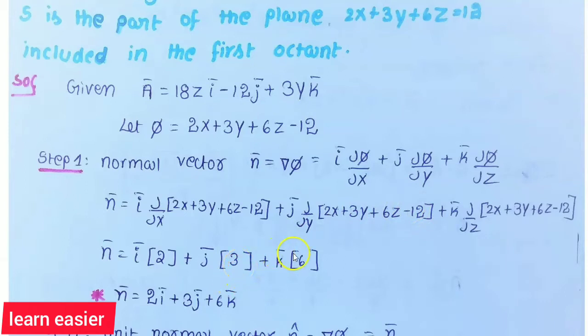Plus k bar into, here we have 6z, so 6 into 1 is 6, and the remaining terms become 0. So finally the normal vector n bar equals 2i bar plus 3j bar plus 6k bar.